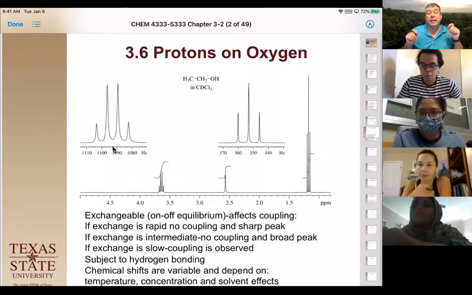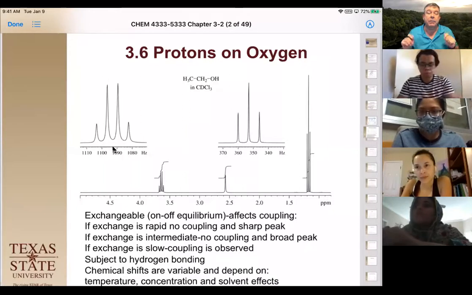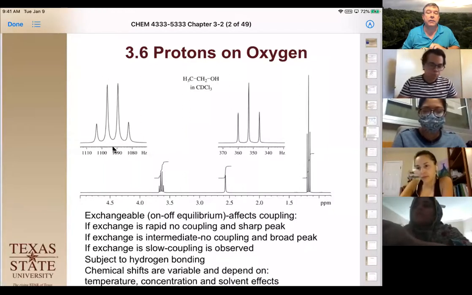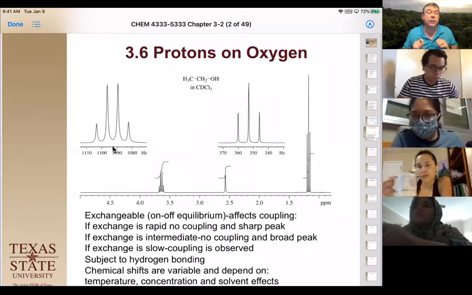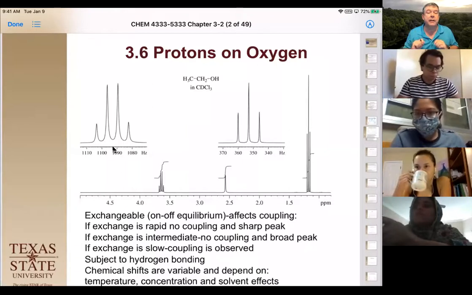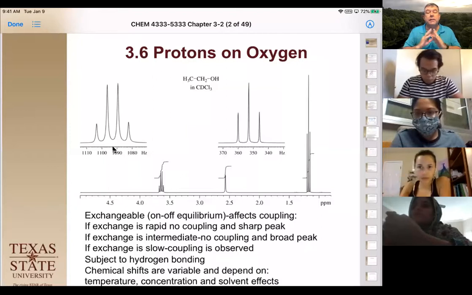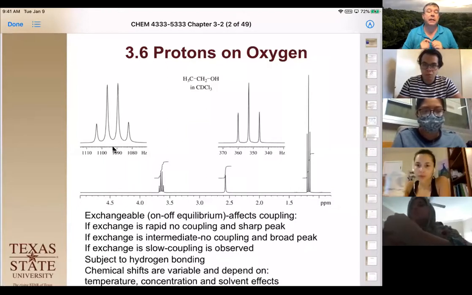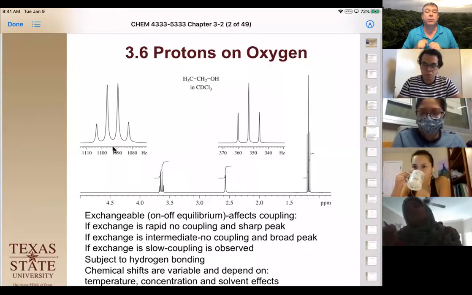However, if you have an intermediate, let's say you have it in a solvent like acetone, which has a little bit of water in it, so it has something that can exchange, you'll see the hydrogen peak on oxygen get a little broader, a little flatter, and it won't necessarily integrate to 100% of that 1 proton.